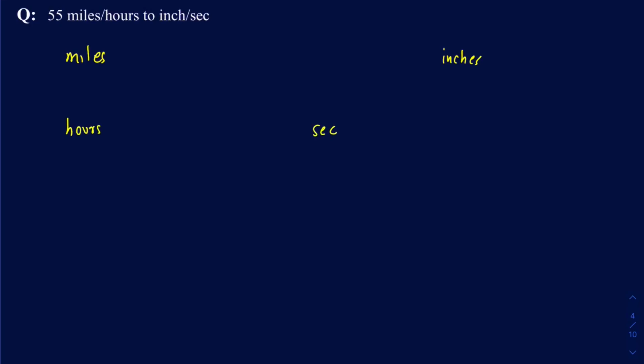If I just focus on the second one first because it's easier, how many seconds are there in 1 hour? Well, 1 hour has 3,600 seconds. If you want to convert it to minutes and then to seconds, that's fine as well. But it's a common equality people use all the time, so you can certainly use that as well.